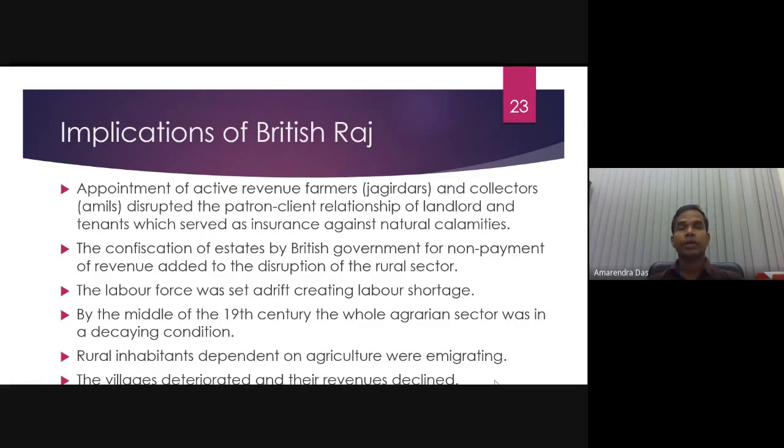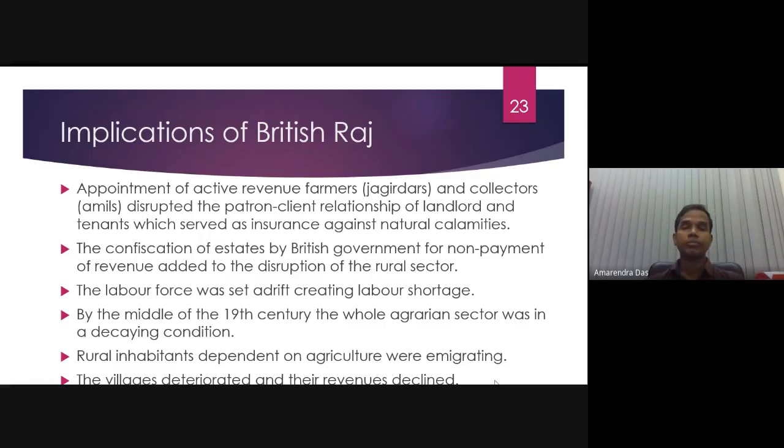But the appointment of the active revenue farmers, or the jagirdars, or the collectors of revenue, basically disturbed this relationship between the landlord and the tenants that existed during the king time in the ancient and medieval time period.